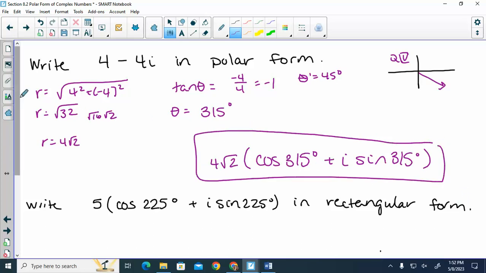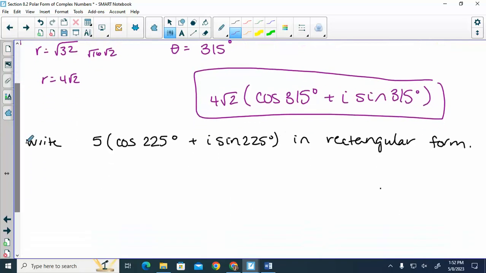Is that one okay? So going the other way, what do we do? What quadrant is 225? Reference angle? Okay, quadrant 3, is cosine positive or negative? What's the cosine of 45? Plus i times sine of 225. And also negative.